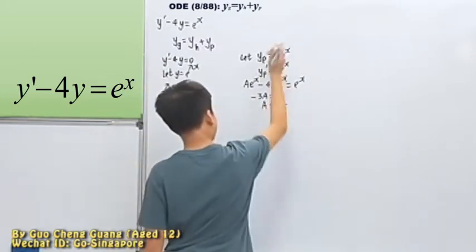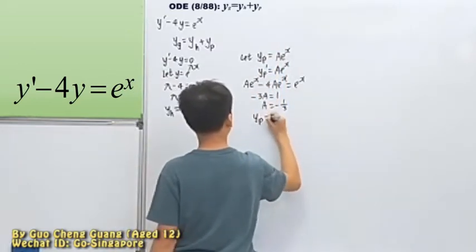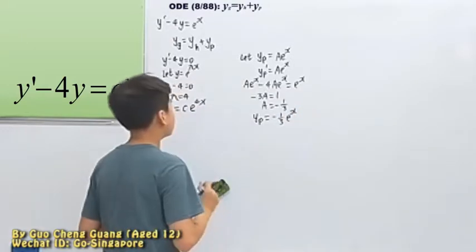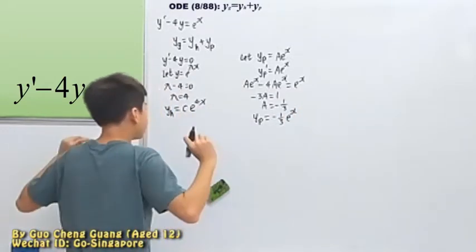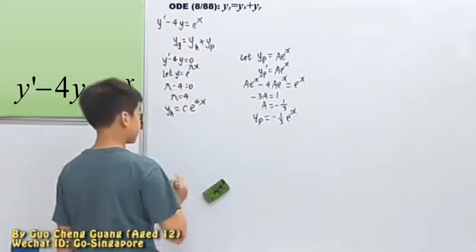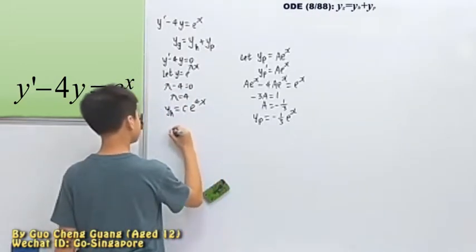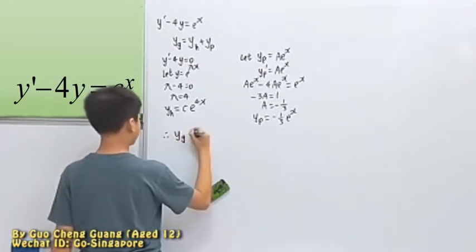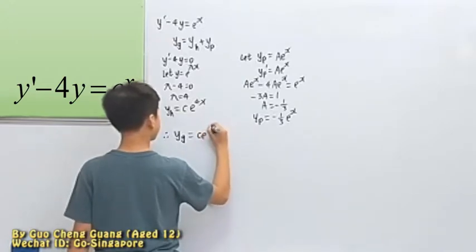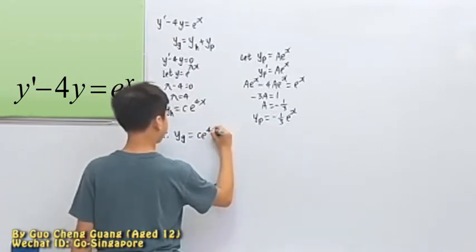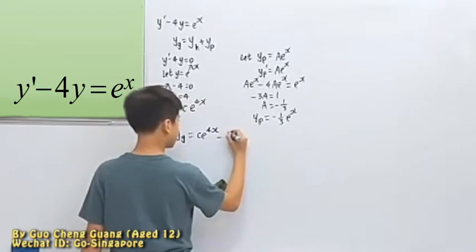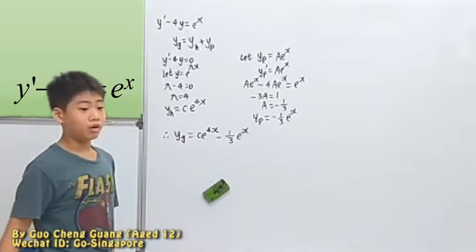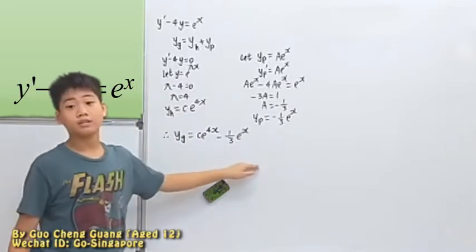And then we put this back. Yp is negative 1 over 3 e to the power of x. Then the next step, we combine these two together. So yg would be c e to the power of 4x minus 1 over 3 e to the power of x. This is what you get.